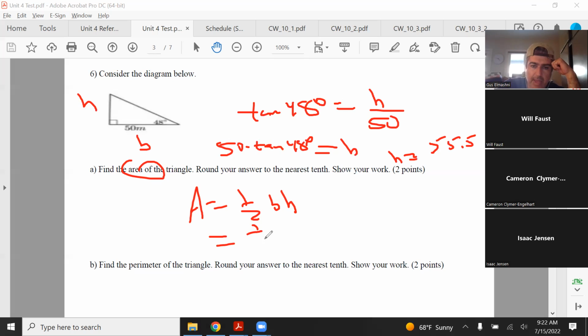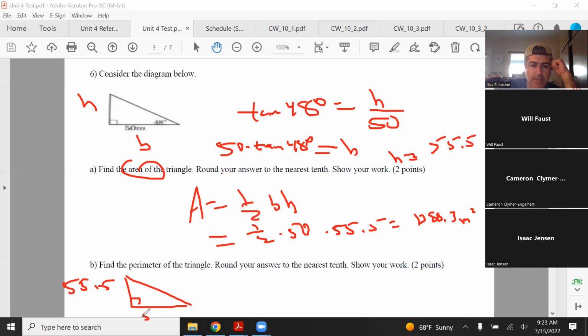So then your area is going to be 1/2 times your base times your height. And you should get 1388.3 meters squared. And then the perimeter: now you know the height for one of the legs, which is 55.5, and the other is 50. You can use the Pythagorean Theorem, right?